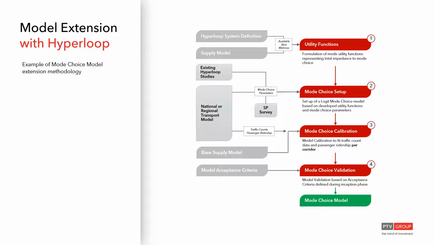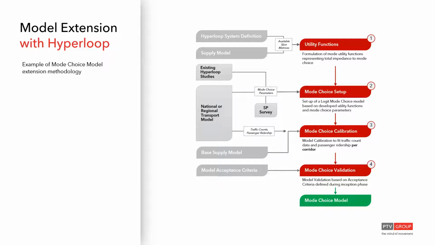You can see in this flow chart that the structure of the mode choice model will look very similar to the air taxi, how it was described. It's also very important to define a set of parameters for the Hyperloop system itself, as well as for the air taxi. It is required to work out a quite detailed supply model. And there are some aspects that play a big role in forecasting of Hyperloop.